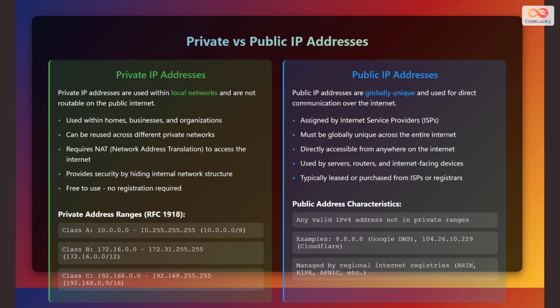The private address ranges as defined by RFC 1918 are for Class A 10.0.0.0 to 10.255.255.255, which is also represented as 10.0.0.0/8. For Class B, it is 172.16.0.0 to 172.31.255.255, which can be represented as 172.16.0.0/12.